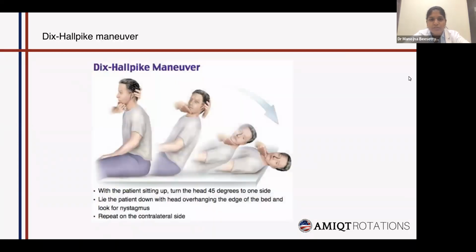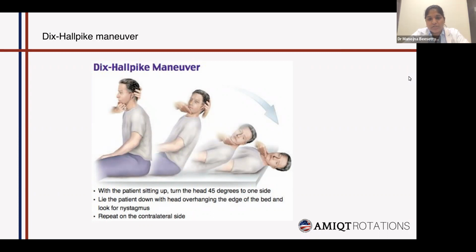For a patient who presents with episodic vertigo, we should go with the Dix-Hallpike maneuver. How do you perform this maneuver? First, the patient has to be asked to sit up straight with the central gaze fixed, then quickly turn the head 45 degrees and wait for about 30 seconds.